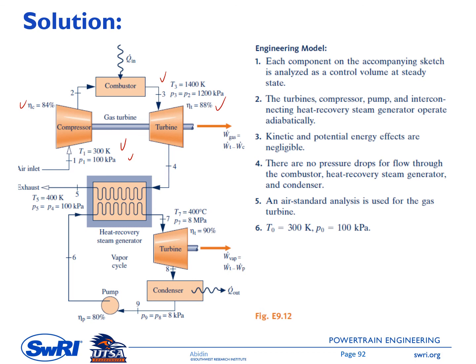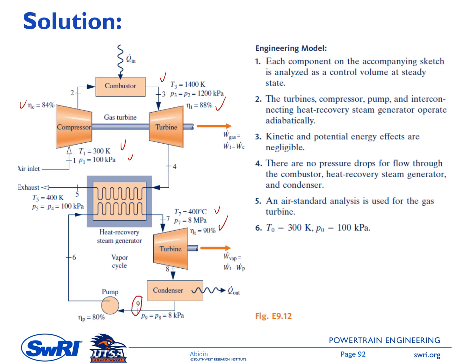Okay, and then in the vapor cycle, the bottom cycle, state number 7, the entrance to the turbine, temperature is 400 degrees C, pressure is 8 megapascal, and the turbine efficiency is 90%. At state number 9, I believe this is the entrance to the pump.